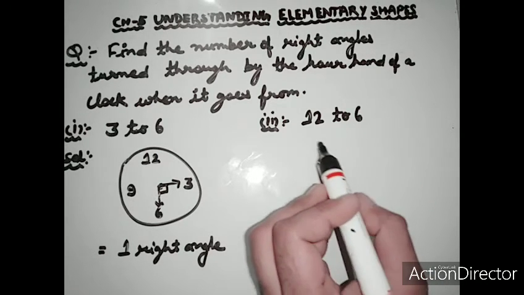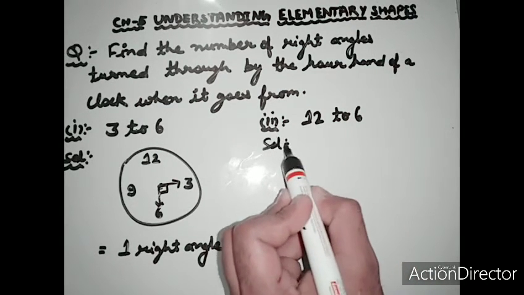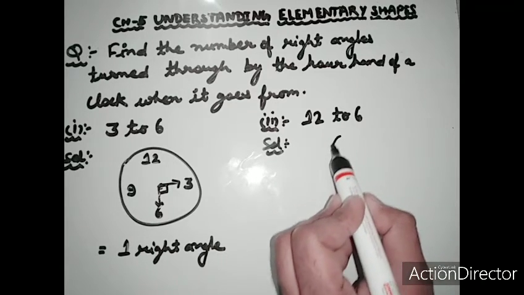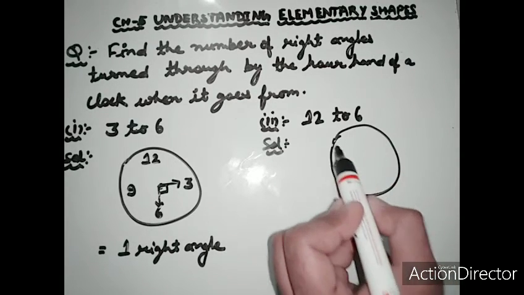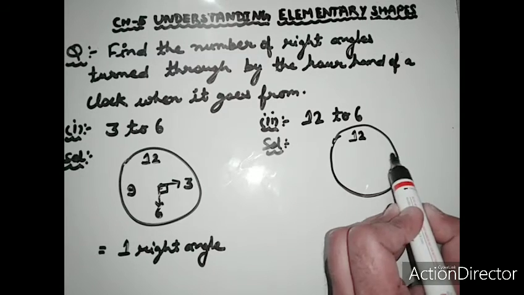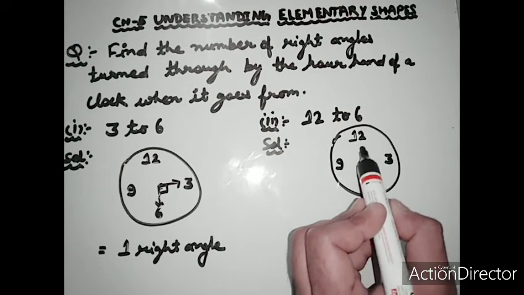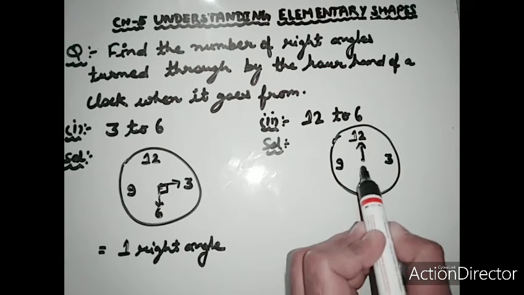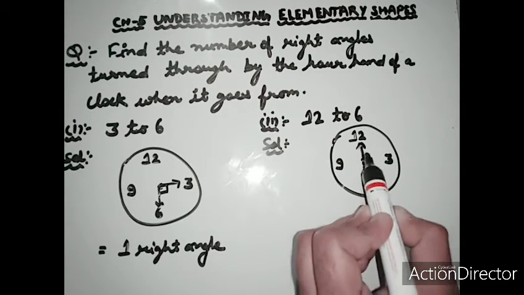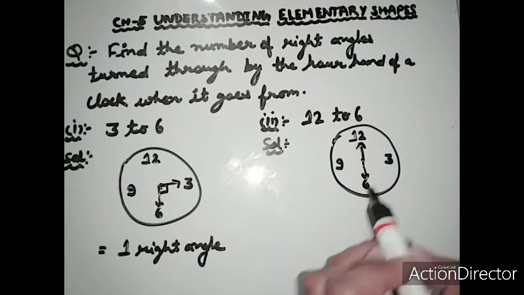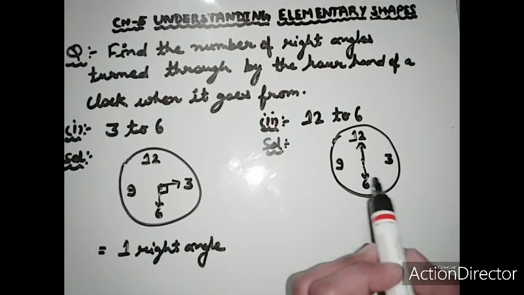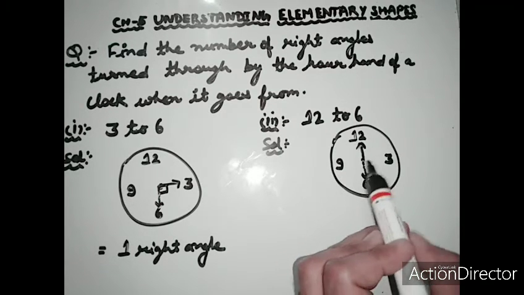Now here we take the second part of this question, and here we draw a figure of a clock here. Now 12, 3, 6 and 9. Now the hour hand moves from 12 to 6. So how many 90-degree angles are formed by the hour hand?